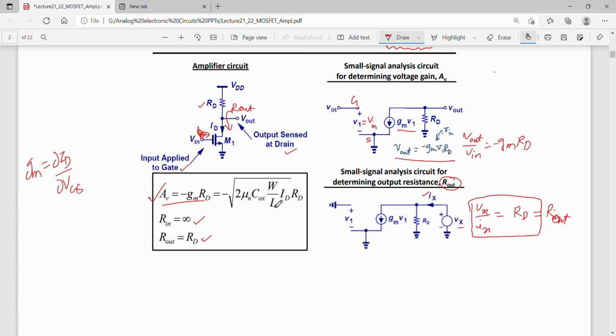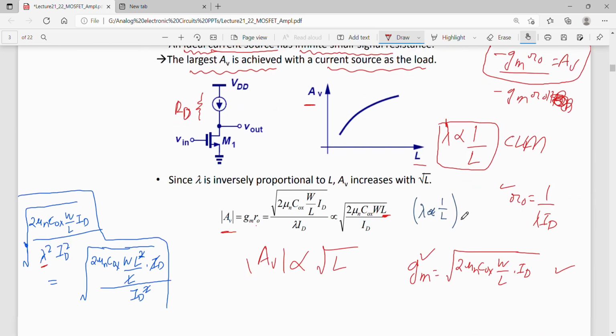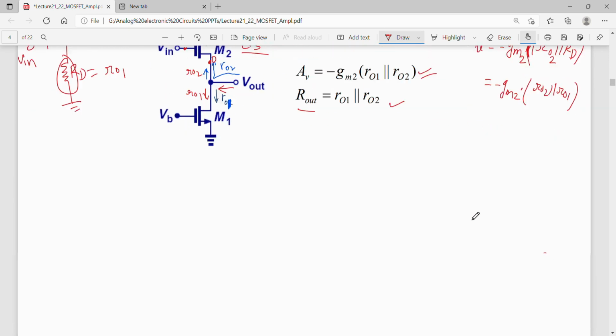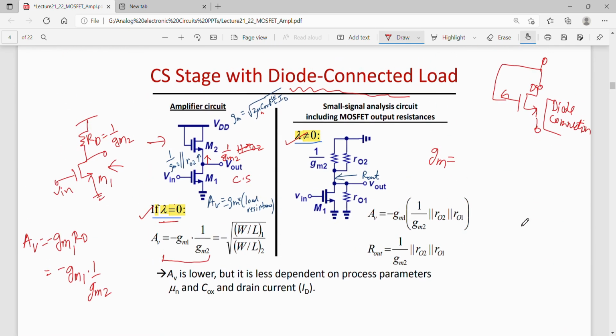The same gm can be used here in the gain equation. The gm that we had found was equal to the square root of 2 times mu n Cox W by L times ID. So I can use this gm here.